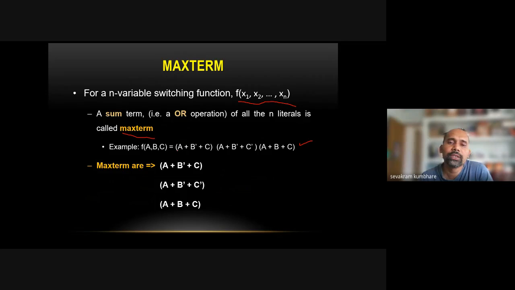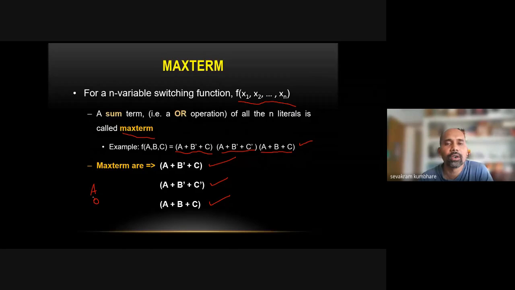In this function, a plus b bar plus c is a maxterm, a plus b bar plus c bar is again one of the maxterms, and a plus b plus c is also one of the maxterms. So the difference between minterm and maxterm is that in minterm you have product, in maxterm you have sum, or in minterm you have AND operation, and in maxterm you have OR operation.